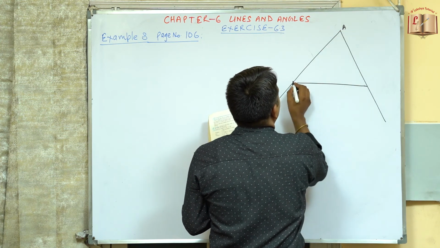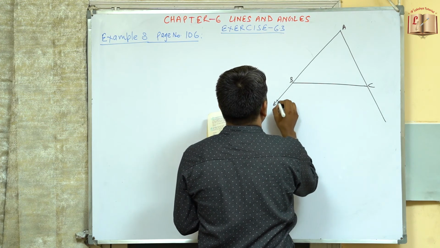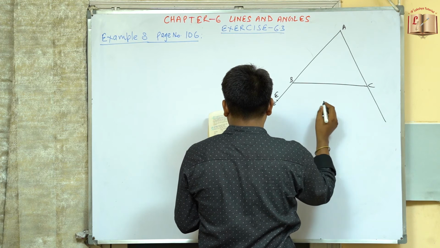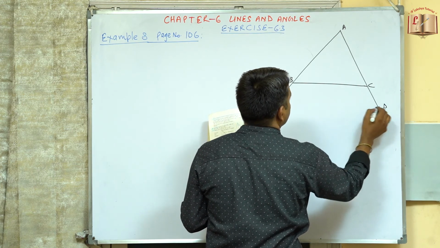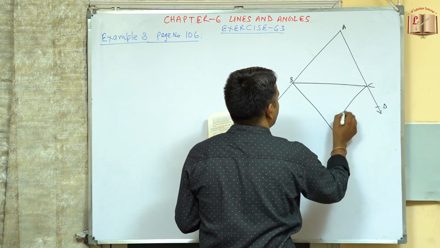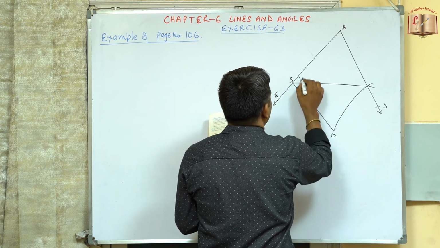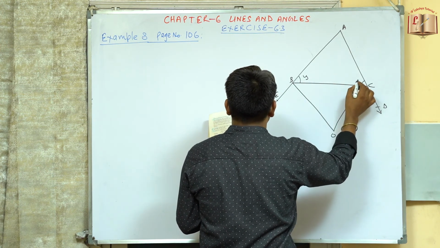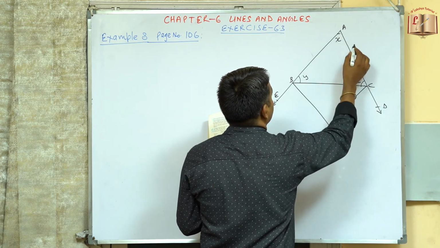This is A, B and C. Here this point is E and here this point is D. Now these angle bisectors are meeting at point O, and this angle is y given to us. This is angle z and this angle is x.